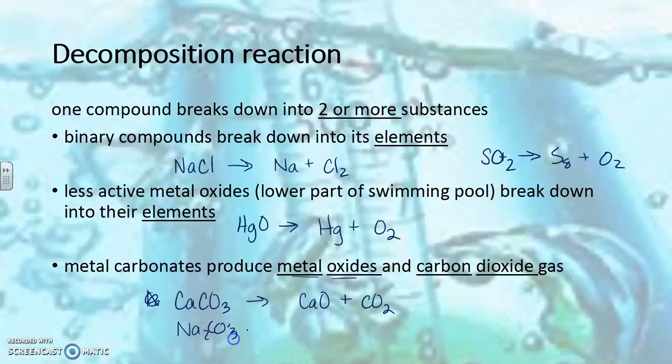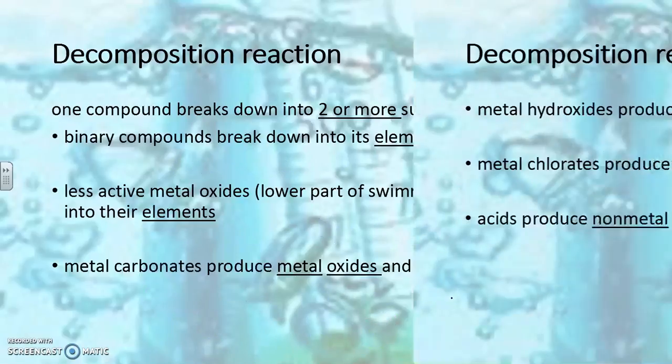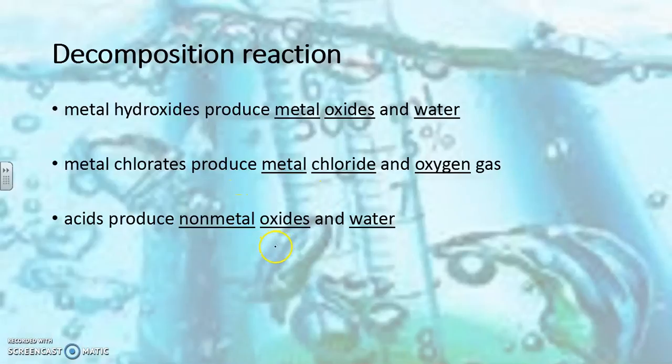Same thing, metal oxide and carbon dioxide gas. Metal hydroxides are going to break down to produce metal oxides and water. So a metal hydroxide, such as calcium hydroxide, would break down to produce calcium oxide and water. Same thing if it was sodium hydroxide: you'd have sodium oxide and water.